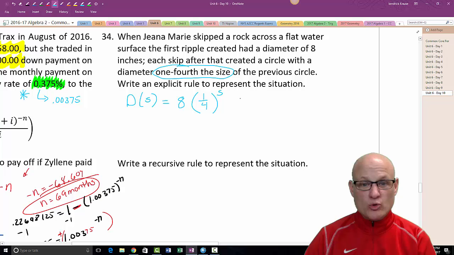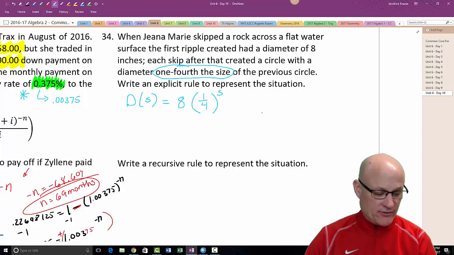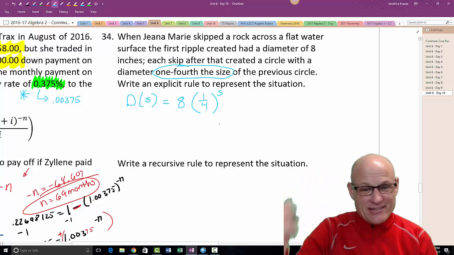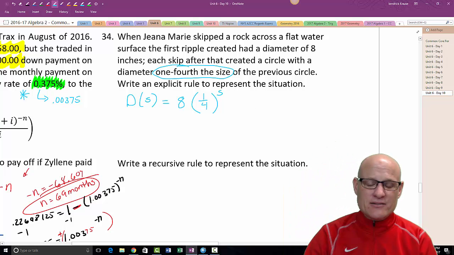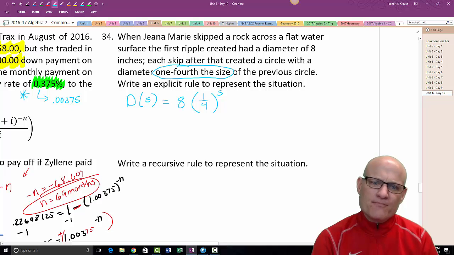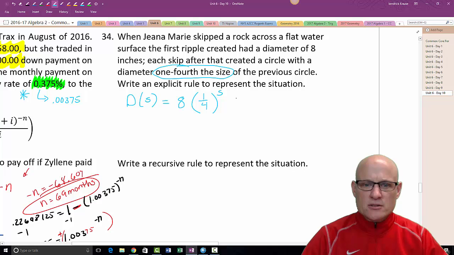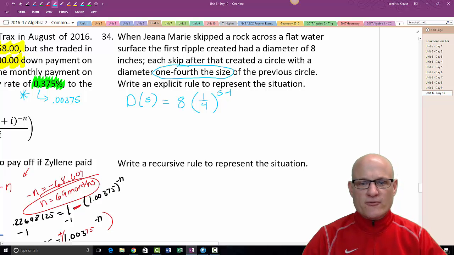Write an explicit rule to represent the situation. There it is. Well, wait a second. Does that make sense? After the first skip, it should be 8. I guess this should be n minus 1, because the first skip was 8.